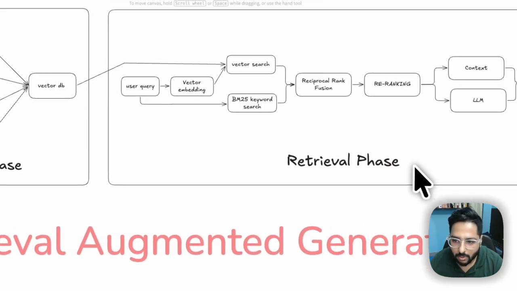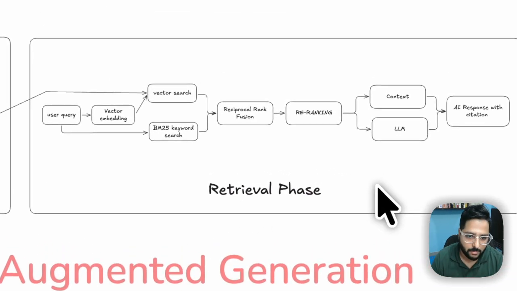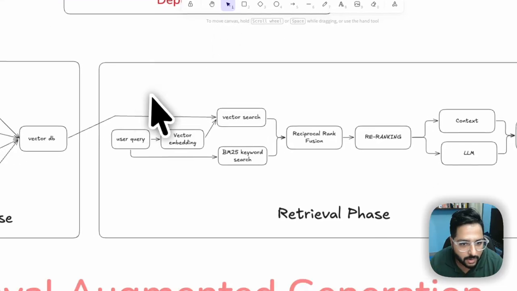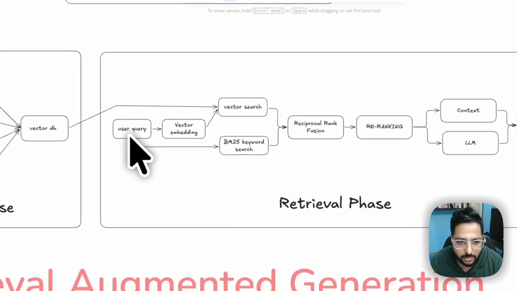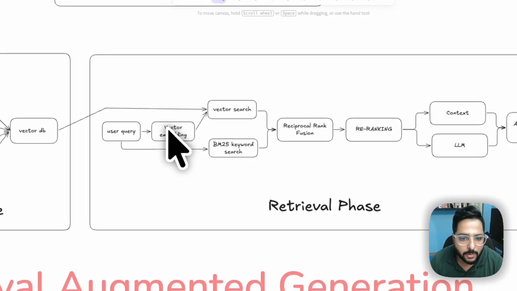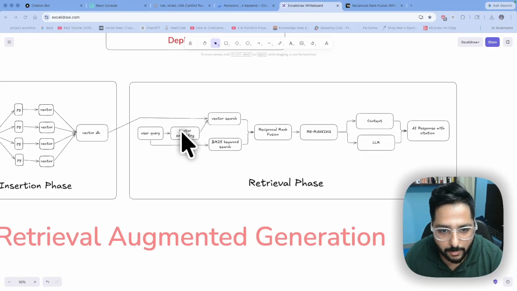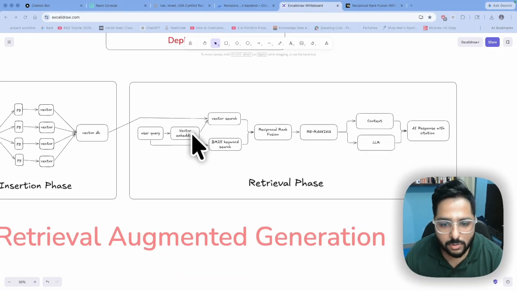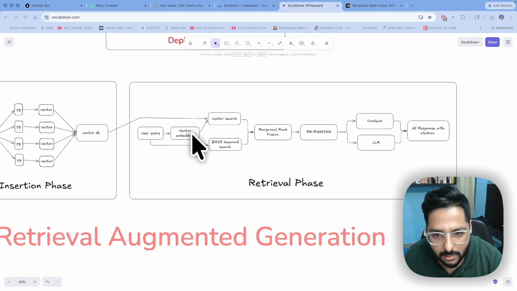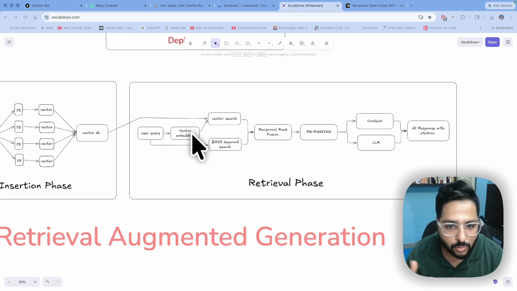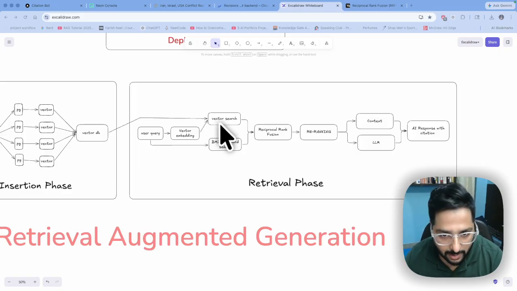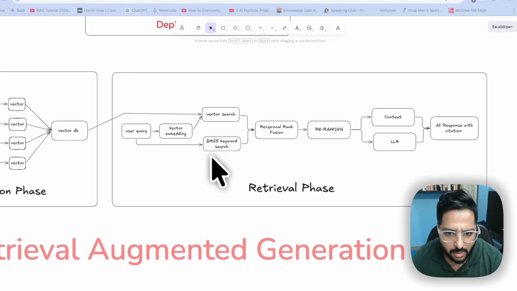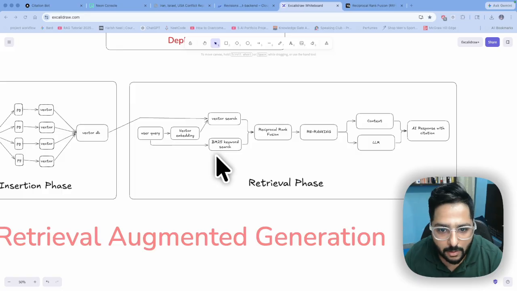Now let's talk about the retrieval phase. In the retrieval phase, you have the user query, which is converted into vector embeddings. The new thing I've done is I've used two types of search. One is the semantic similarity search, that is the vector search, and with that I've used BM25 keyword search.